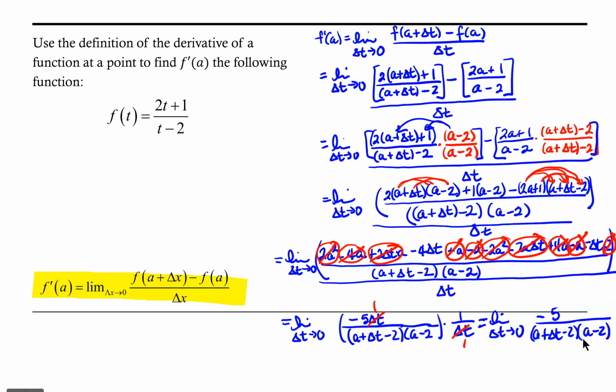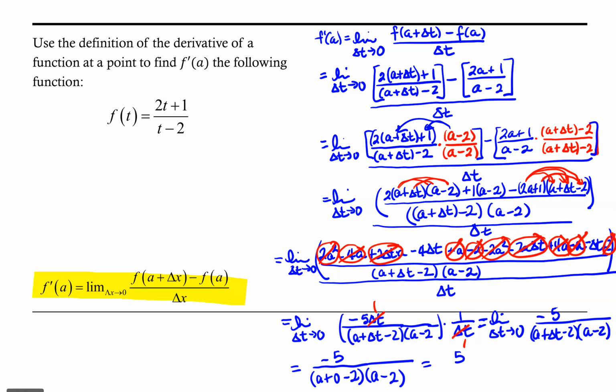So as delta t goes to 0, in my numerator, negative 5 heads to negative 5. And as delta t goes to 0, in my denominator, my first factor will head towards a plus 0 minus 2. And my second factor is not affected by that, so it will remain at a minus 2.